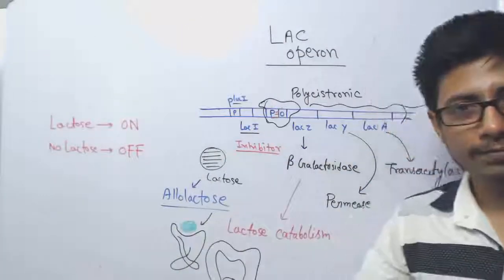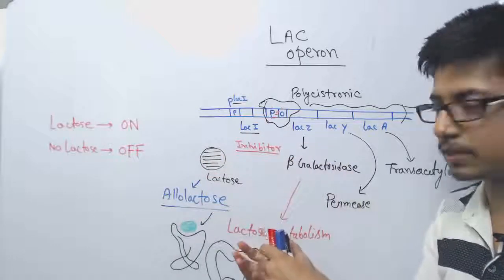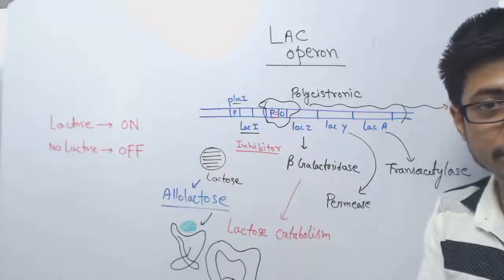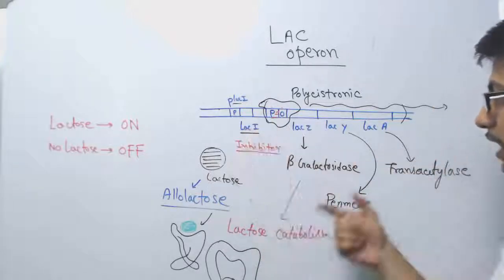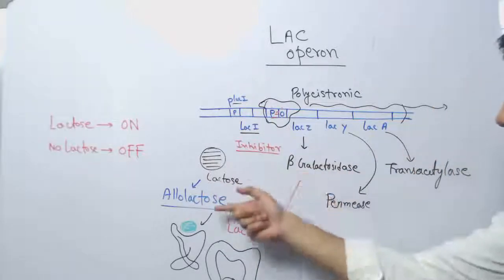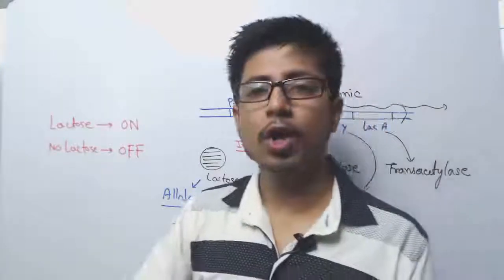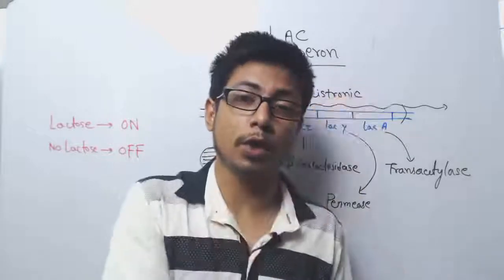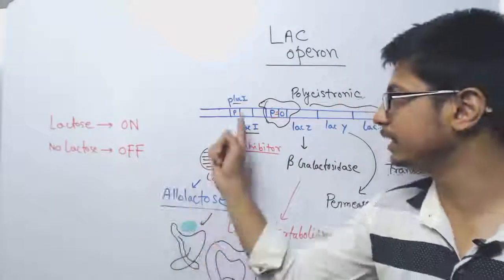Naturally it is turned off, but when there is lactose, it binds with the repressor, the inhibitor, changes its structure, it no longer can bind. So the promoter is free, polymerase sits, transcribes, proteins are made, and then we can use them to break down lactose. So that is kind of justified. If there is lactose, operon on; no lactose, operon off. But by default, it's in the off state because of the inhibitor.